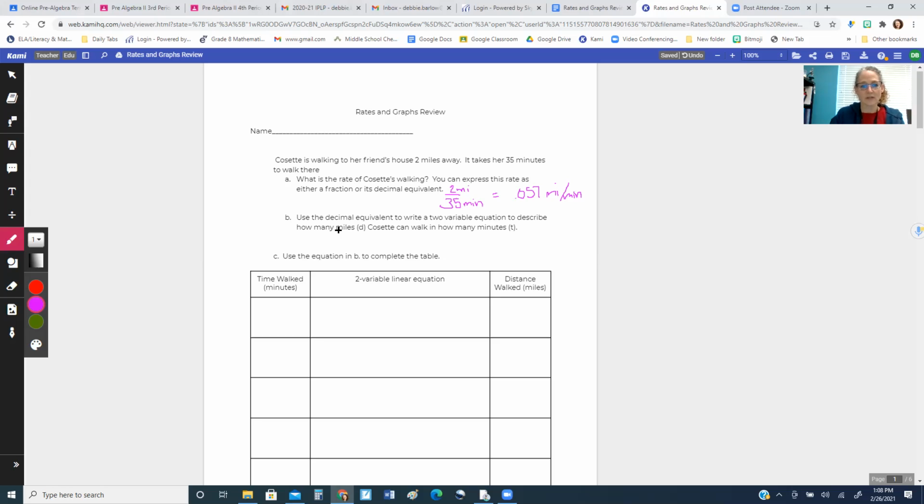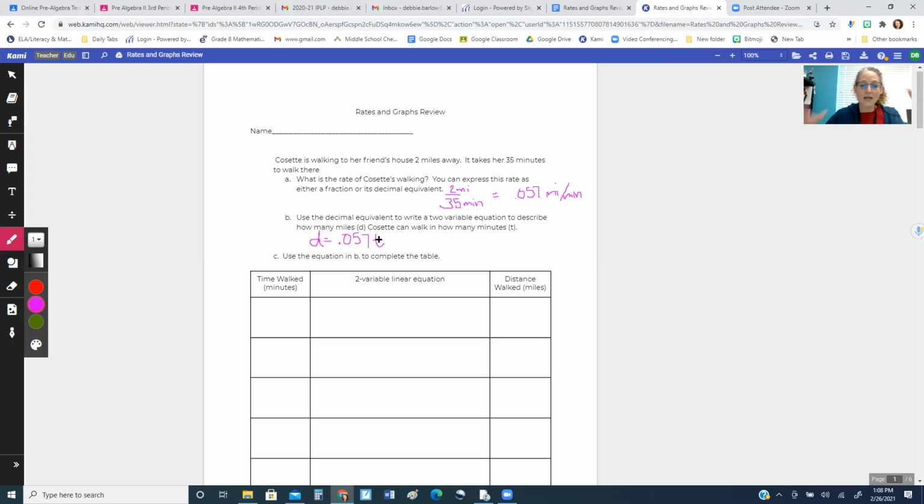Use the decimal equivalent to write a 2-variable equation to describe how many miles D Cosette can walk in how many minutes T. So, okay, look at this. D, that's distance. Distance is my miles. It's going to go on the left side of the equation. Distance is going to be equal to my rate, which is 0.057, times the time, however many minutes she walks.